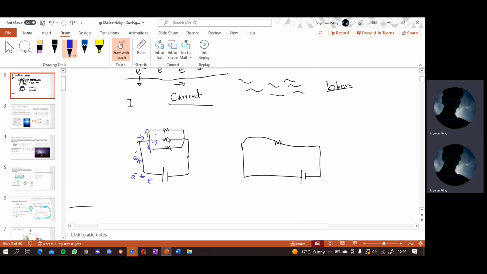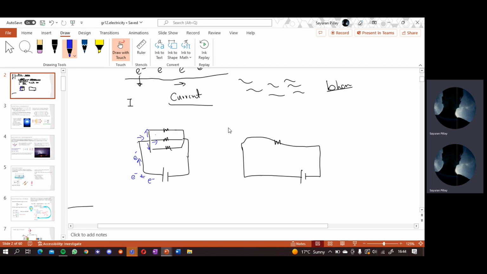And so the charge on each of these resistors will be less than the charge coming in before it starts splitting up. So the same charge has to travel through this conductor and then split up, because of the parallel connection.